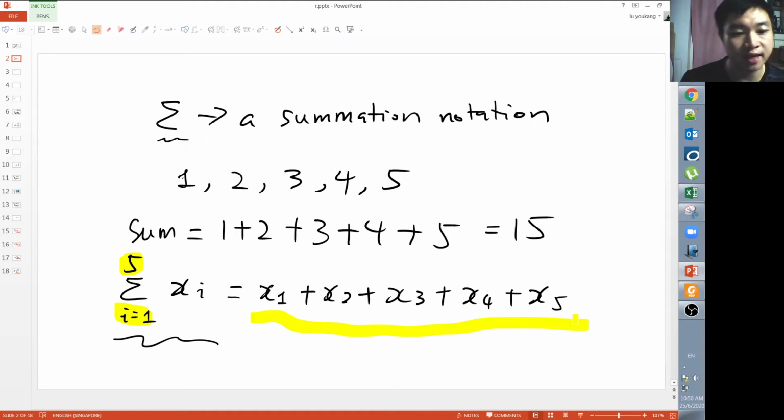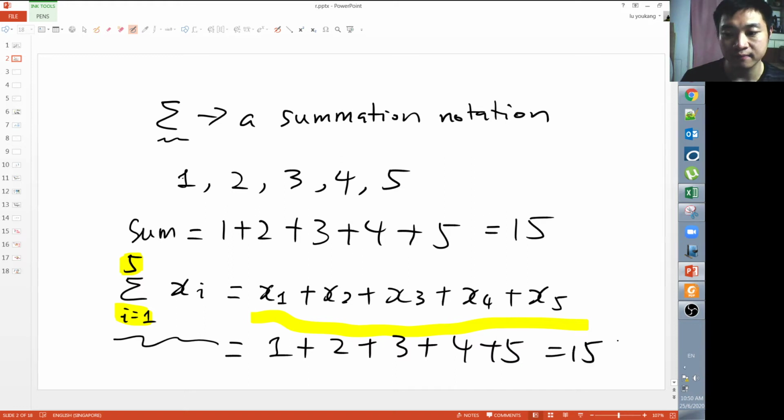In this case, your x1 is 1, your x2 is 2, and of course 3, 4 and 5. Therefore you get 15. So please get used to this summation notation, so that you can find the standard deviation using a formula later on. We are going to use this summation sign later on. Now let's move on to the next slide.